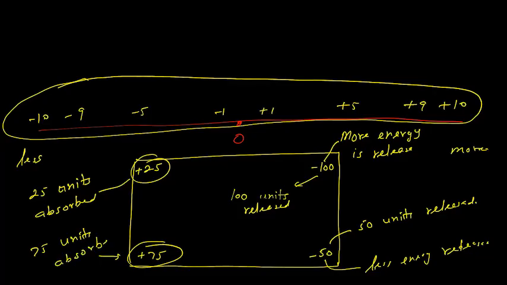That's what I'm saying. So don't confuse the negative sign with the number line. On the number line, the right side is greater than the left side. But here, negative is just an indication of the direction of energy, not its magnitude. Is that clear? Yes, sir. Yes.